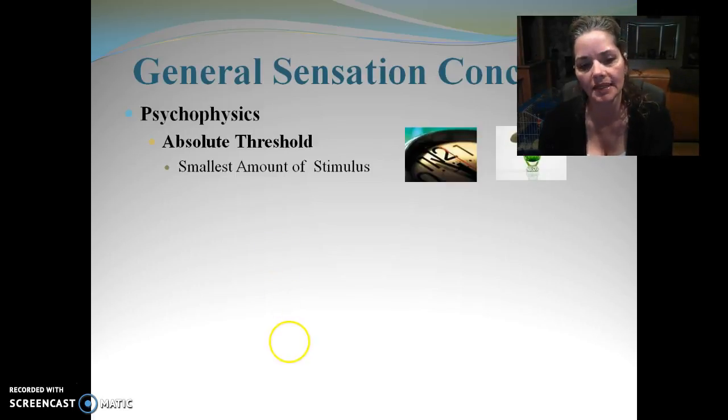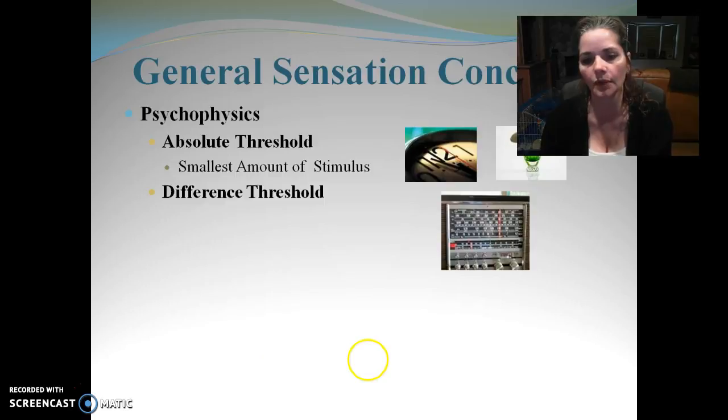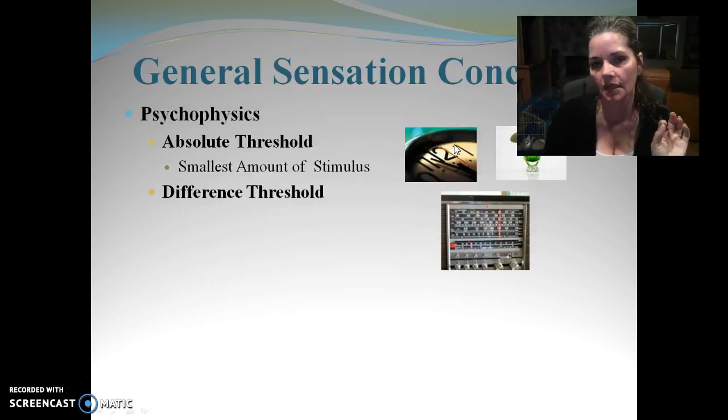And one thing that comes out of it is absolute threshold, where researchers have studied the smallest amount of sensory stimulation that we need in order to process that. So what is the most quiet sound that we can hear before we detect it?